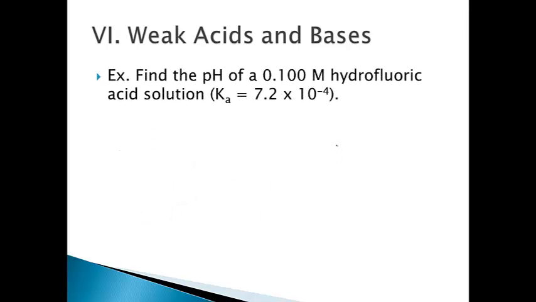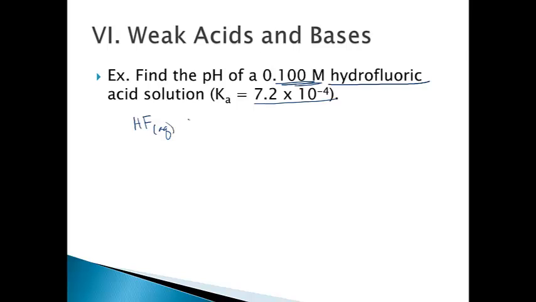Now, how to use all this stuff? How do we find the pH of a 0.1 molar hydrofluoric acid solution? And the Ka for hydrofluoric acid is 7.2 times 10 to the negative 4th. So first thing, break it up. We got HF, which is our hydrofluoric acid. You need to know your formulas.